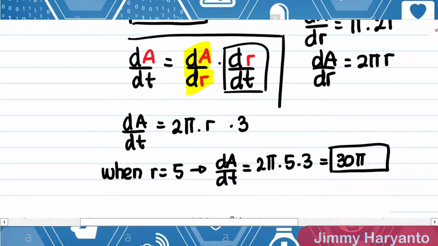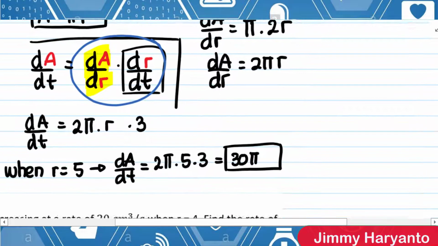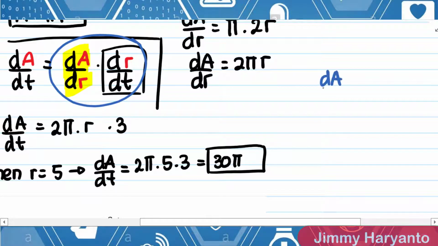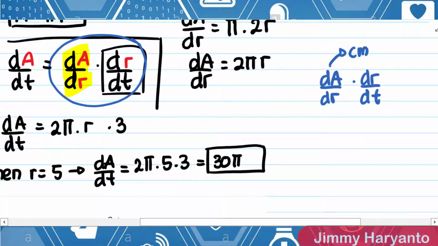Okay, the unit is a little bit complicated for this one. We can find the units from this formula. The unit is not really important right here, but I will tell you how to find it. The area is centimeters squared, right? And dr is centimeters, and dt is seconds.